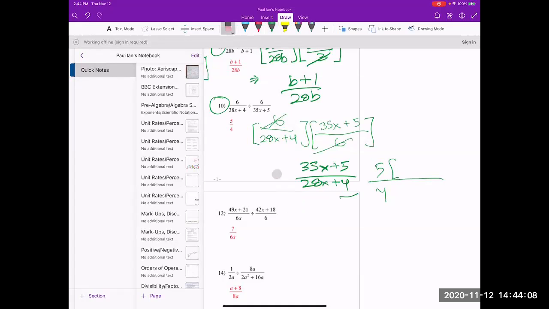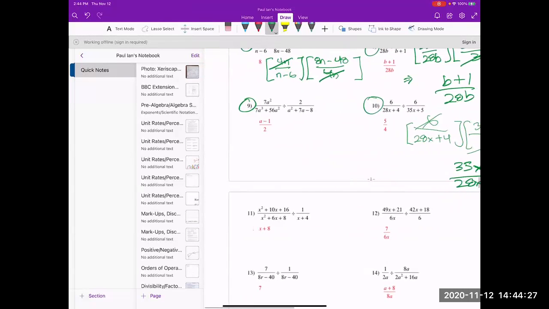It's actually the inside, I think, that cancels out. So when you times it by 5, it's 7x plus 1, right? Yeah. It's 7x plus 1. Yeah? Yeah. So that's the way. And that's how you do that, 5/4.